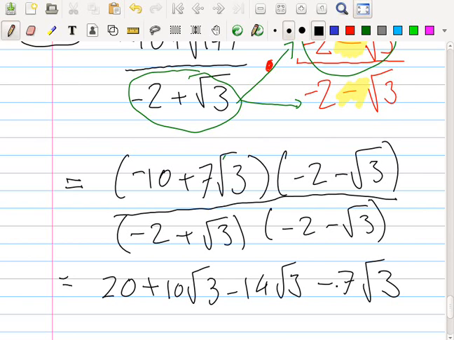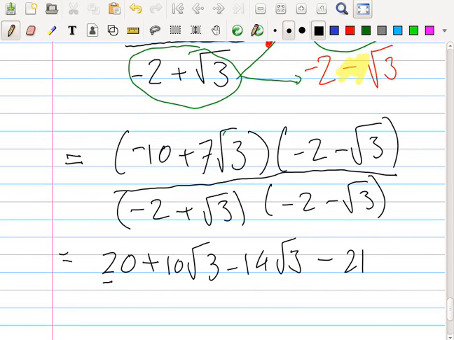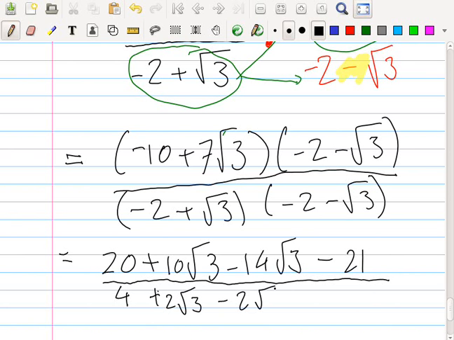It's not 7 root 3, it's 7 times 3, 21. Okay. And on the bottom, you get 4 plus 2 root 3 minus 2 root 3 minus 3.